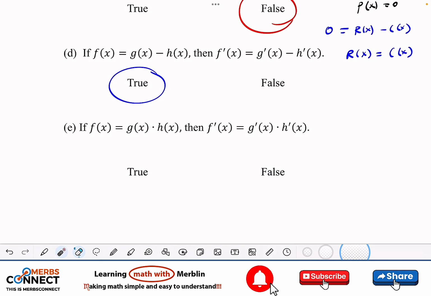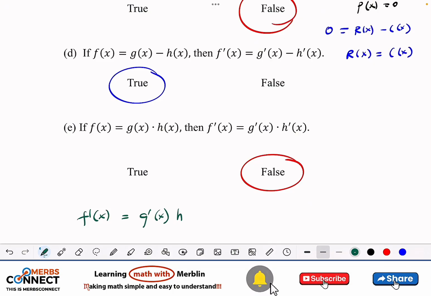Let's look at the last one. If this is equal to this, then this is that. Is that true? I think this is a big false because this is supposed to be the product rule. So f prime of x should be equal to differentiate g and maintain h of x, plus differentiate h and maintain g of x.